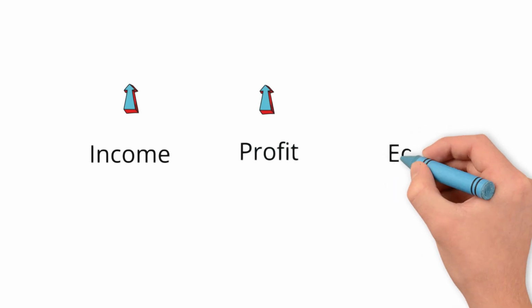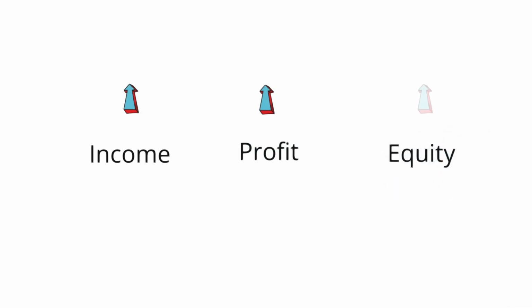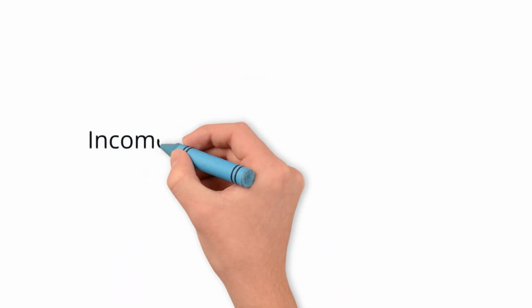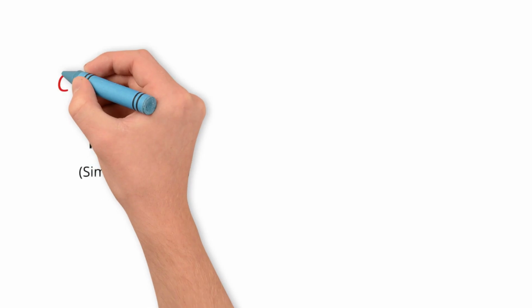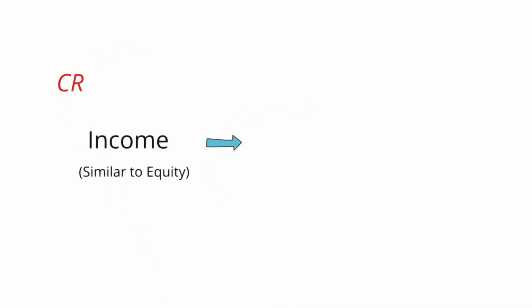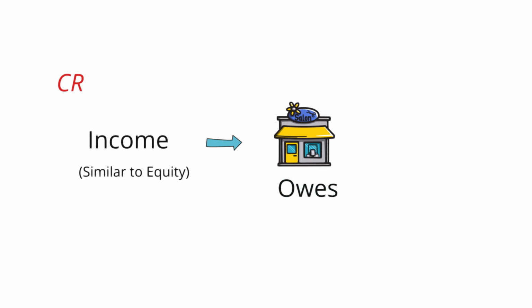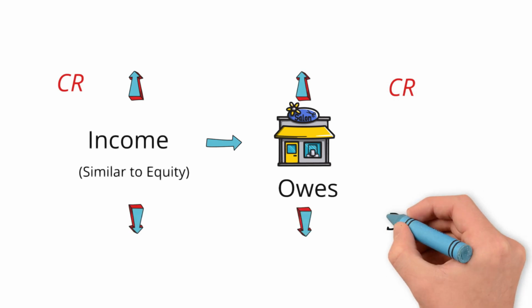Income. Income results in an increase in profits, and an increase in profit will increase the equity. When income reduces, it will reduce the profit, and therefore it will reduce the equity. Therefore, an income will get the same treatment as equity. When income increases, it's a credit, and when it decreases, it's a debit.